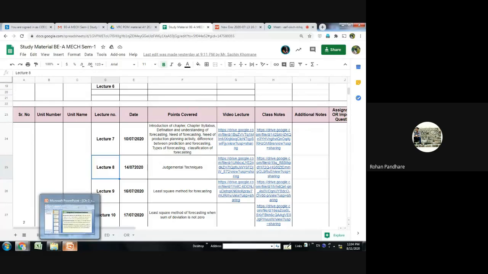Rohan. 41, yes, sir, present. Yogesh, 41. 42. 43, present, sir. Pratikesh, 43. Okay. 44, present, sir.